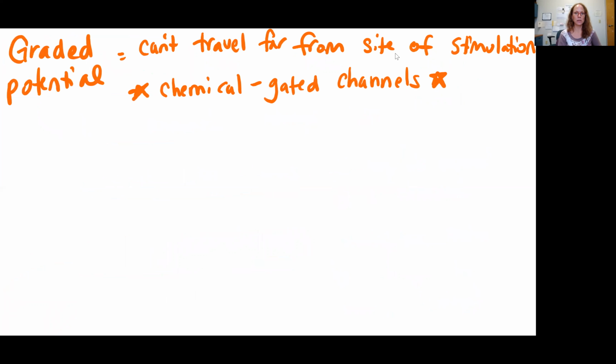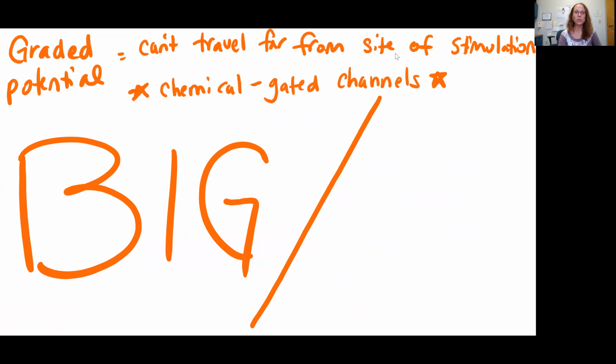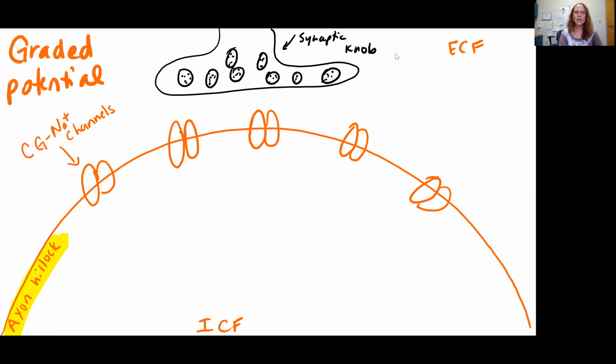Now, graded potentials can't travel very far from the stimulation site, and they're happening based on activation and deactivation of chemically gated channels, so that's important to note. Graded potentials can be really big or really tiny, so there's some variation here. In the graded potential, we're looking here at our axon hillock. So we're looking at the area where the axon comes off of the cell body of our neuron.